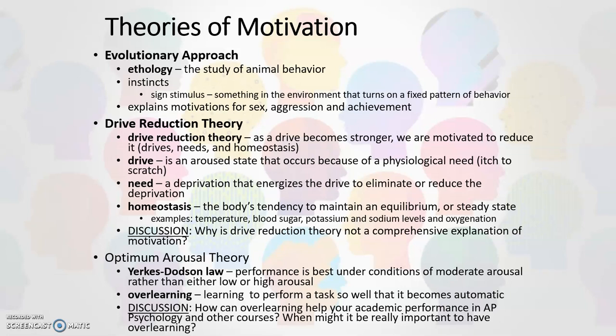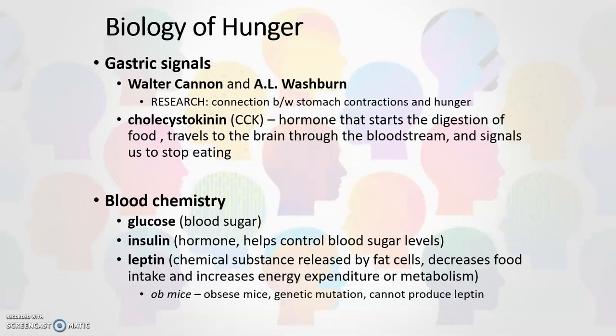So then we're going to go into the biology of hunger. We do have gastric signals, and I'm going to butcher saying this word because I always do, cholecystokinin, or CCK, but that's just a hormone that starts the digestion of food.